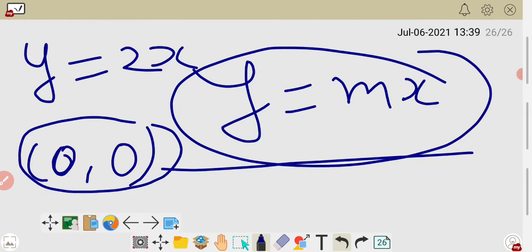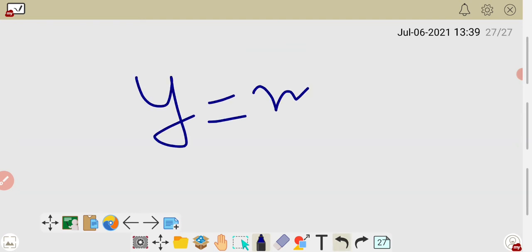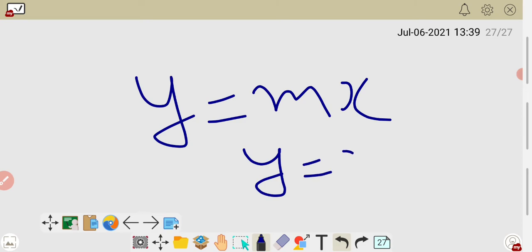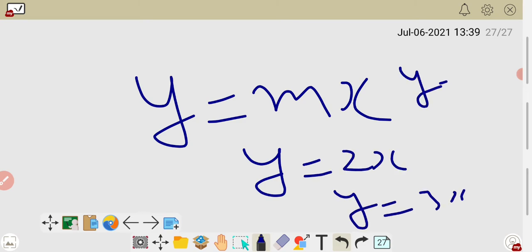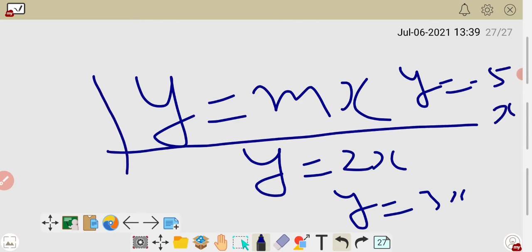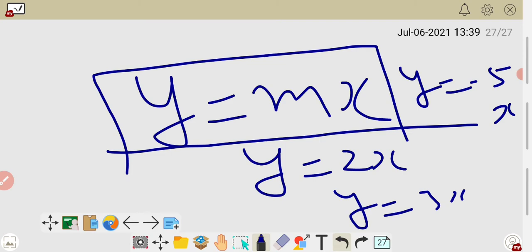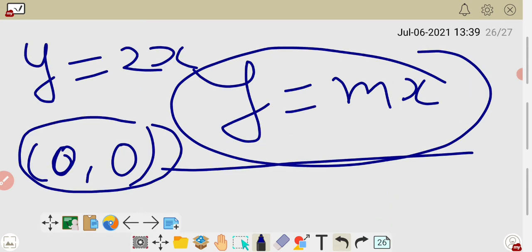In general, an equation of the form y equals mx, maybe y equals 2x, or y equals 3x, or y equals -5x, always passes through the origin. As I showed you, if you take x as 0, then y also becomes 0.